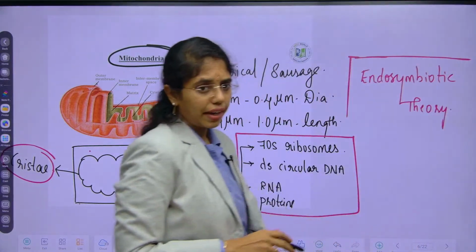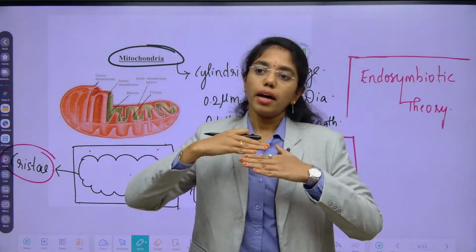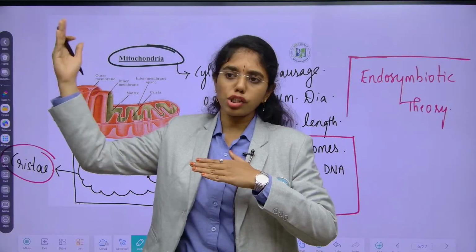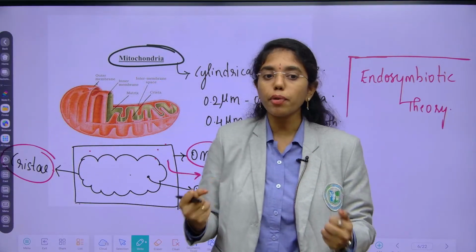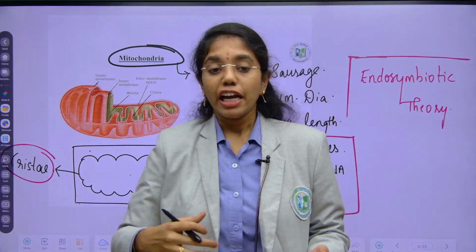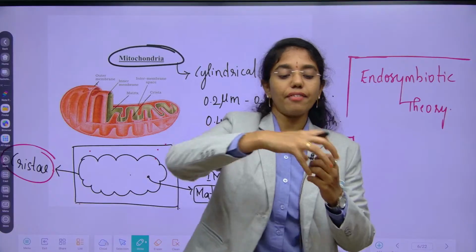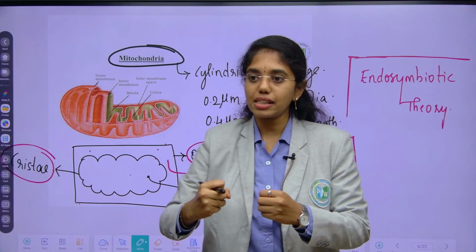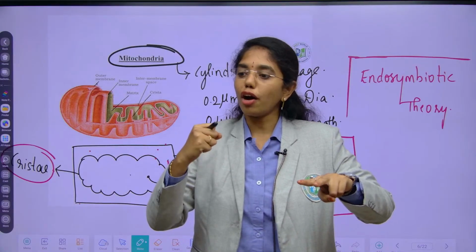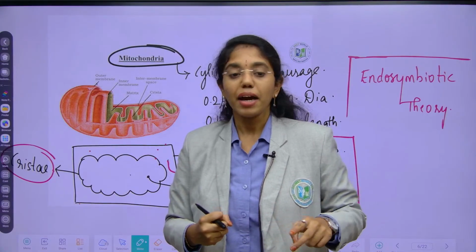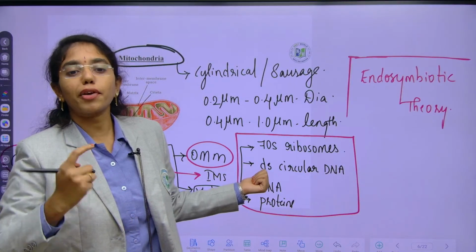According to this theory, in the ancestral time, at the origin of evolution, both mitochondria and chloroplast were individual prokaryotic cells. In due course of evolution, when eukaryotic cells evolved, they engulfed these prokaryotic cells, and mitochondria and chloroplast became what? Part and parcel of eukaryotic cells, right? But they have characteristics similar to the prokaryotic cell.